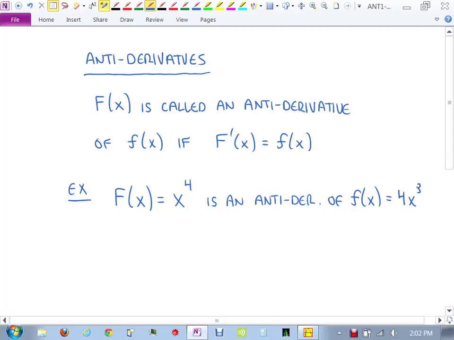Is that true? Yes? Because according to this, to be an antiderivative means that if I take the derivative of this, right? Take the derivative of that. What is the derivative of that? 4x cubed. That is the other function over here, right?